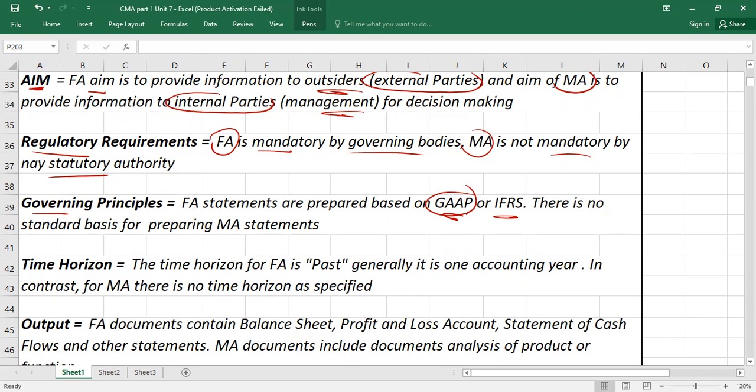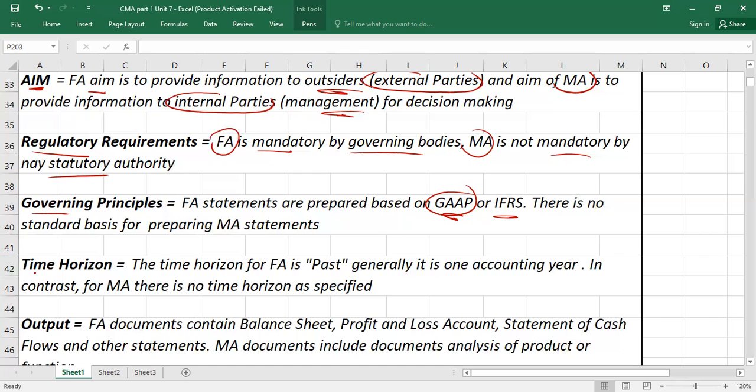IFRS stands for International Financial Reporting Standards. So these two frameworks are there. Whenever you do the accounting, either you will follow GAAP or you will follow what? IFRS. But for management accounting, we don't have such typical standards to follow. It depends on what to include in the report and what you want to exclude. It is totally the choice of the management.